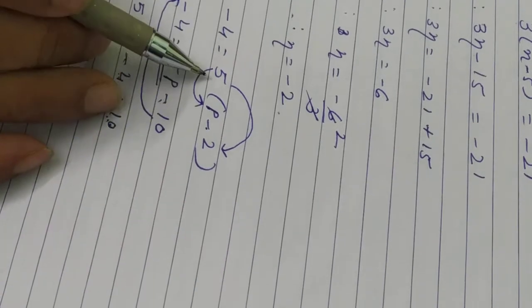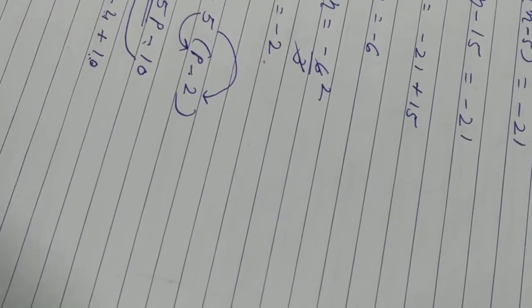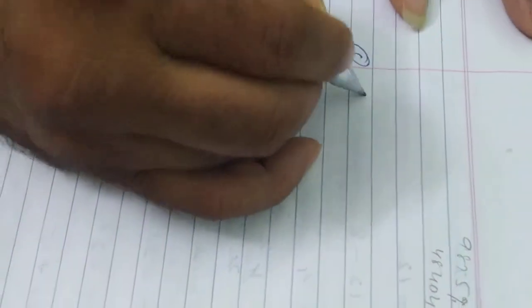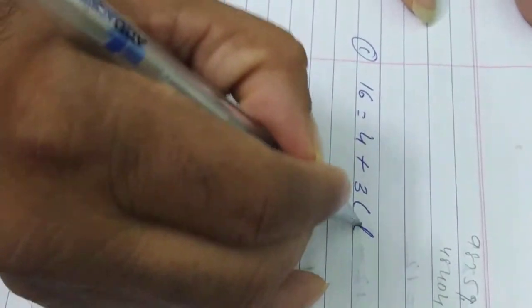See in it, in the third example, the unknown variable is given on the right side, right? While in first and second, mostly it was on the left side. Now, see example. 16 is equal to 4 plus 3 in bracket t plus 2.